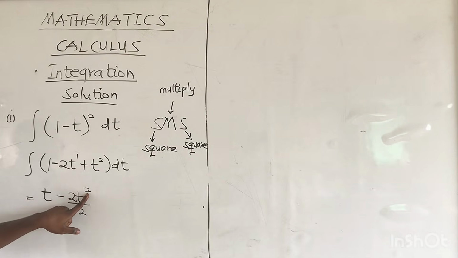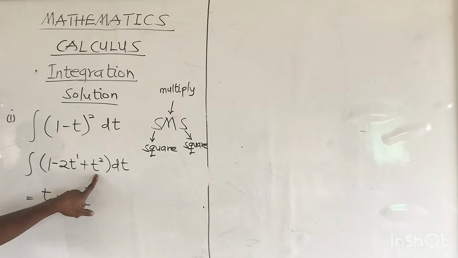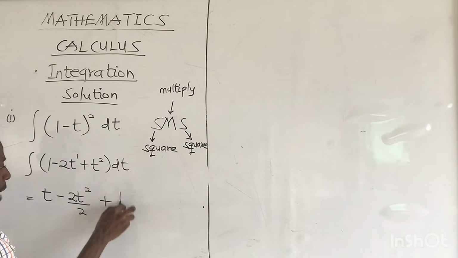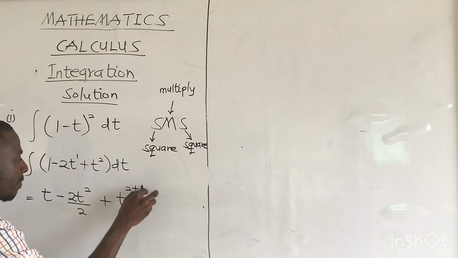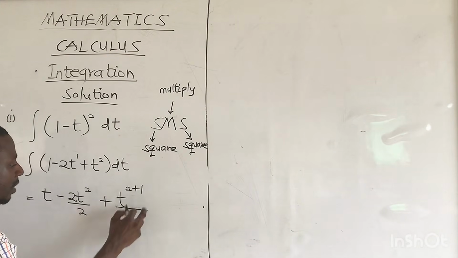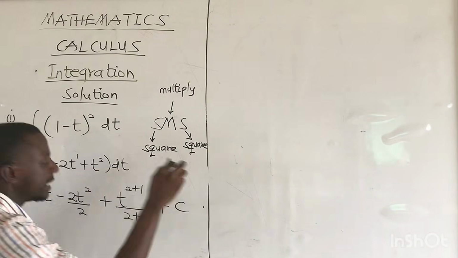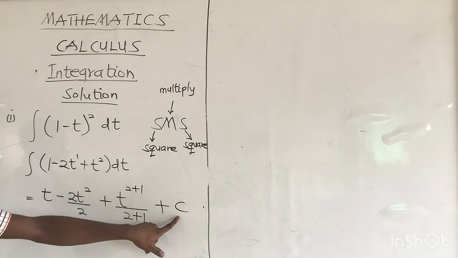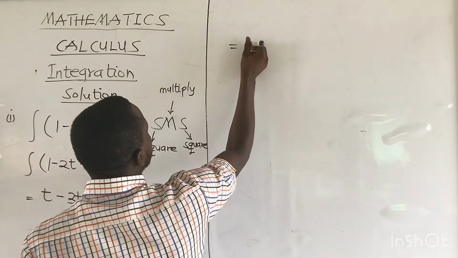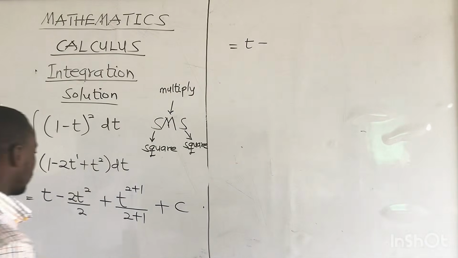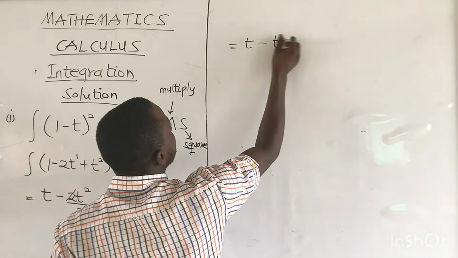The answer you get here, you are going to use that same value to divide. So now let's integrate t squared. So I'll repeat my t squared. Then I'll add 1 to it. I have plus 1 all over the same thing here, which is 2 plus 1 plus c, which is the arbitrary constant. So from here, I am going to get t minus, from here, this will cancel this. So I have t squared.